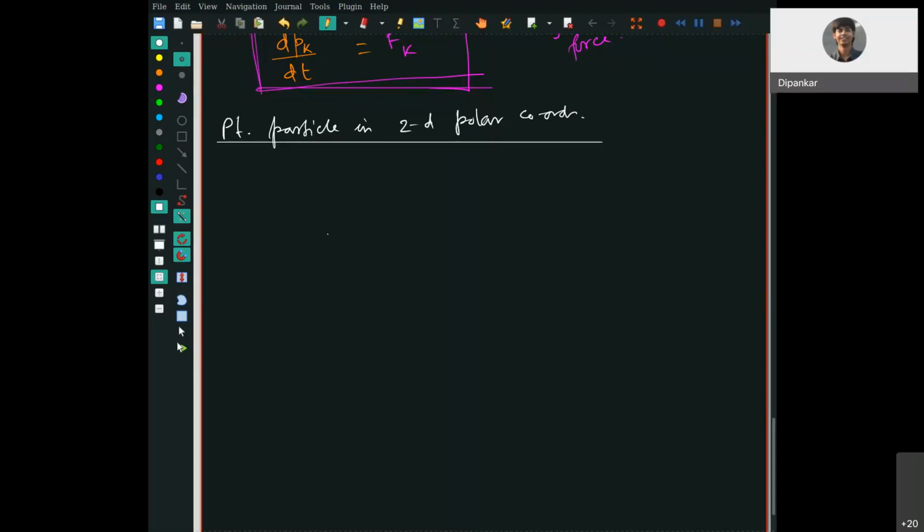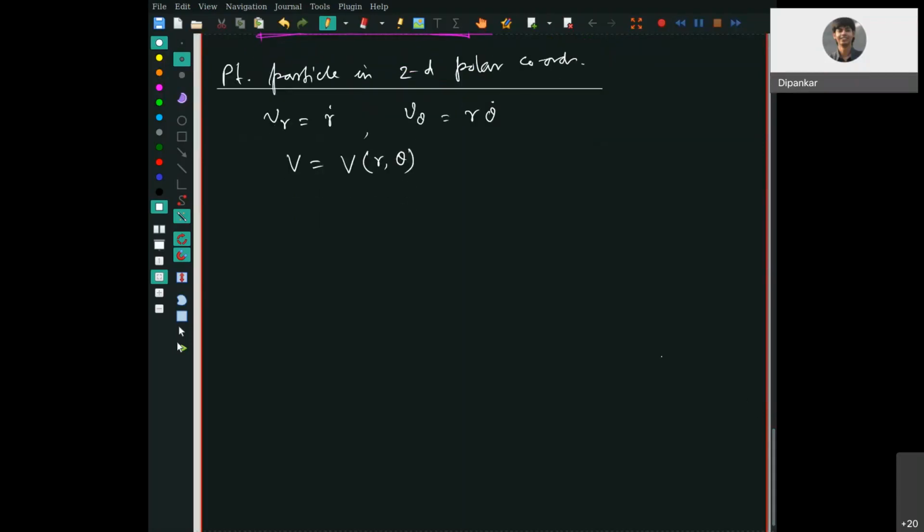You will have two components of velocity, the r component being r dot, and the theta component being r times theta dot. And the potential energy would in general be a function of r and theta. For central force it is a function of r only, but in general it's a function of r and theta.